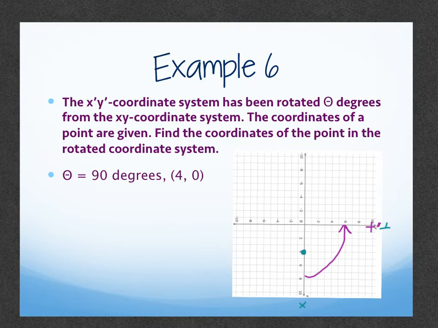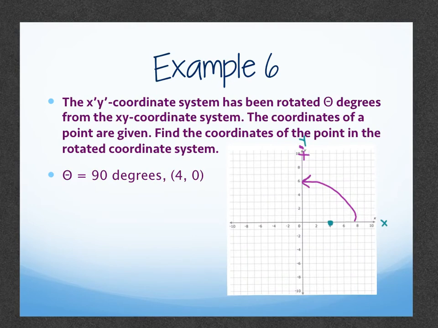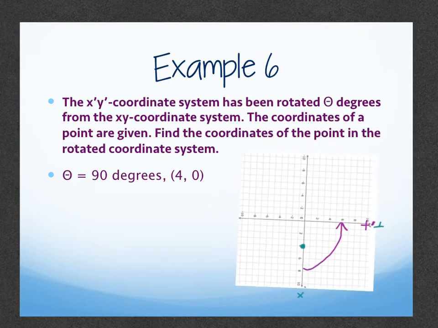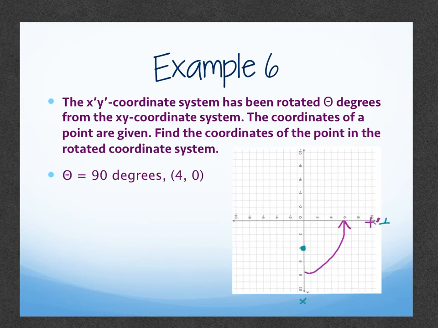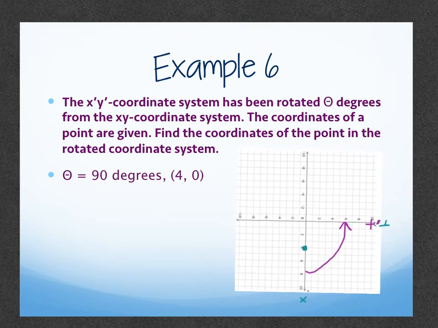You can't do that in Notability, which means you're going to physically take your iPad or your piece of paper, mark where x prime is, and then rotate it around so that x prime is where x is supposed to be. So the initial marking came from rotating it that many degrees counterclockwise in the direction of your unit circle, and then rotating it back clockwise so that the x prime is where my x is supposed to be. Does that make sense?